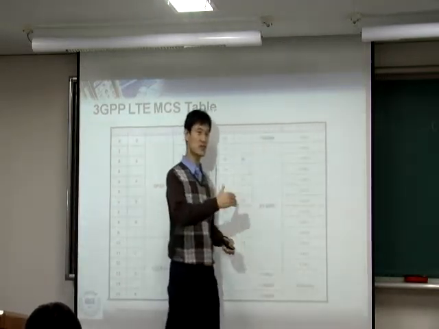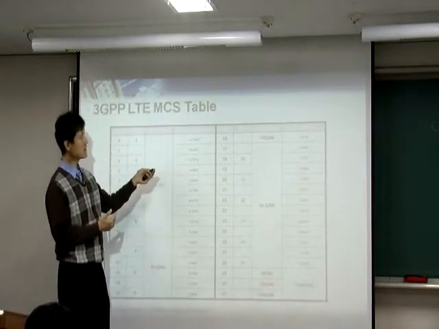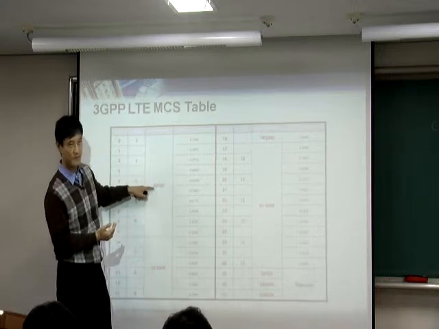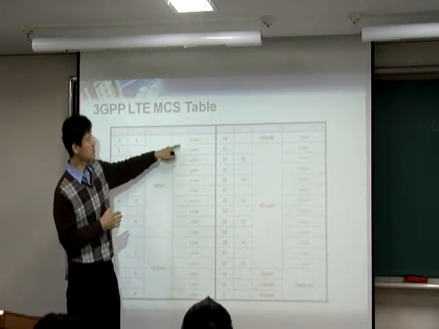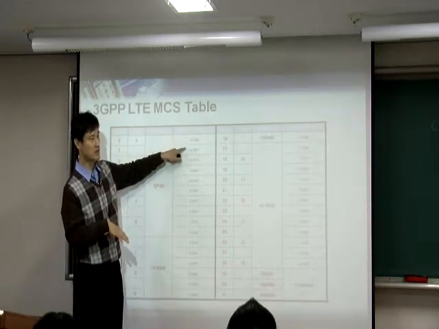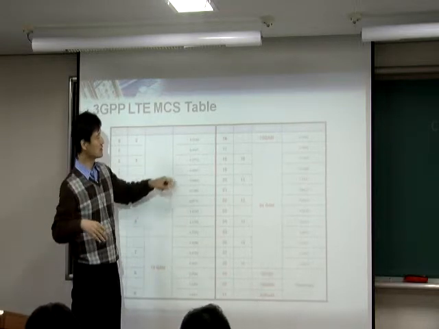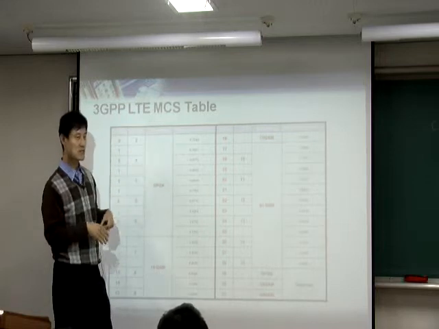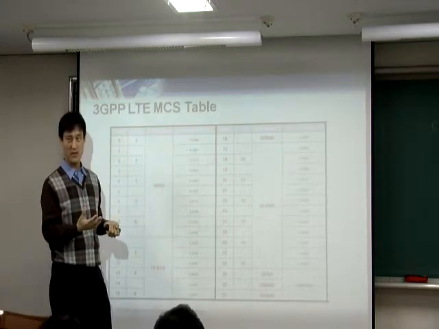Therefore, your spectral efficiency is lower. The modulation is the same, QPSK, but you use a lower coding rate, so you put in more redundancies. So spectral efficiency is low, but channel quality is bad anyway, so that's the best thing we can do.